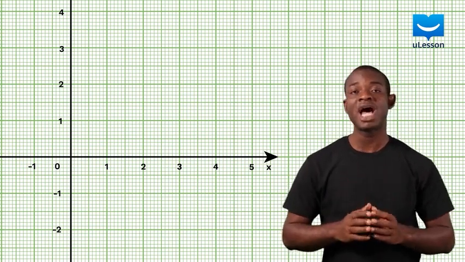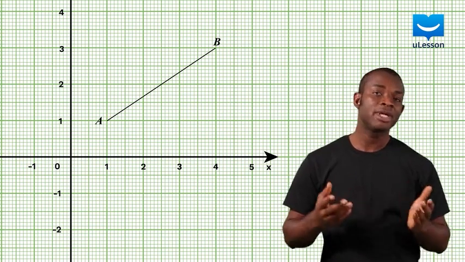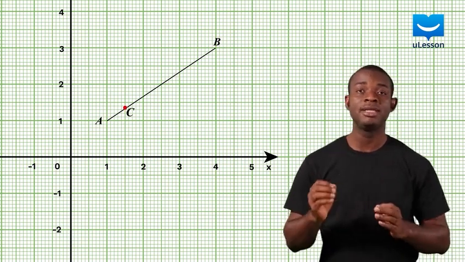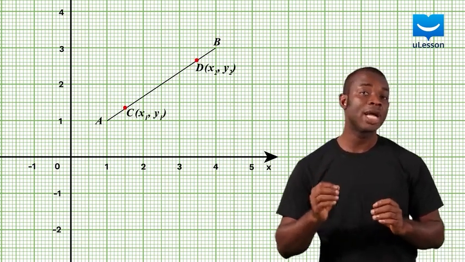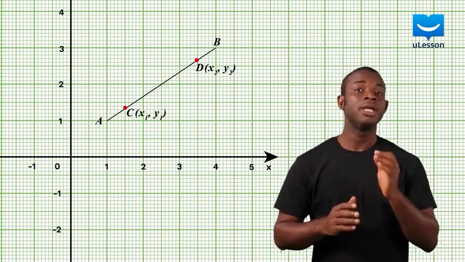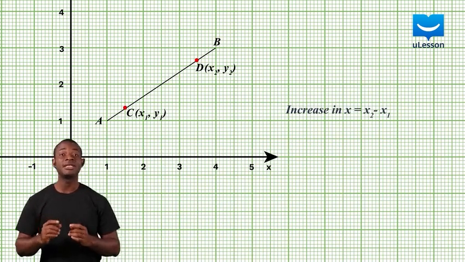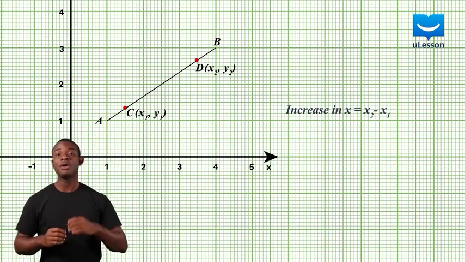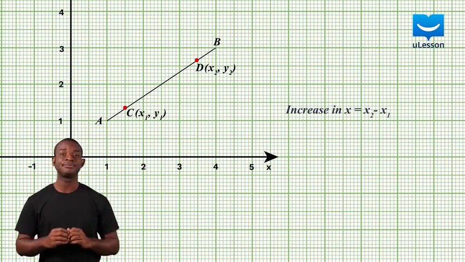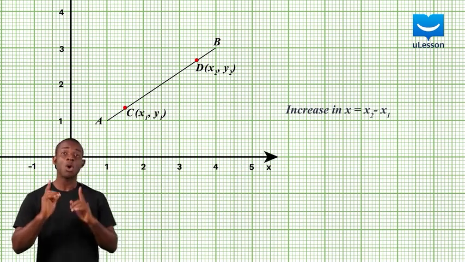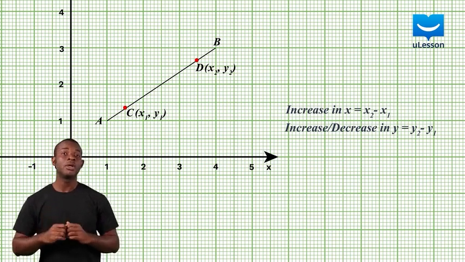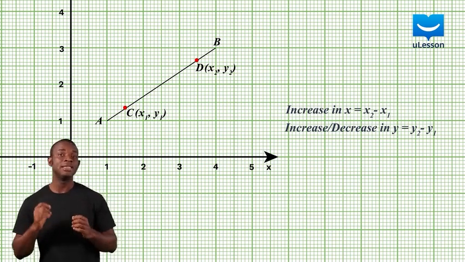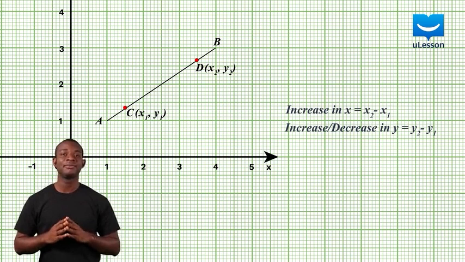So, if we have line AB, picking any 2 points C and D with coordinates x1, y1 and x2, y2 respectively, the increase in x is the difference between the x coordinates of points C and D, while the increase or decrease in y is the difference between the coordinates of points C and D on the y-axis.